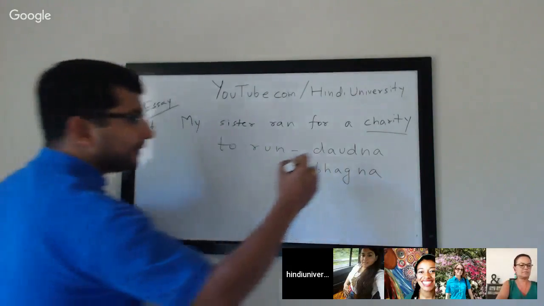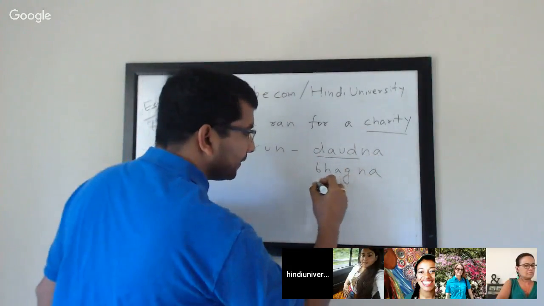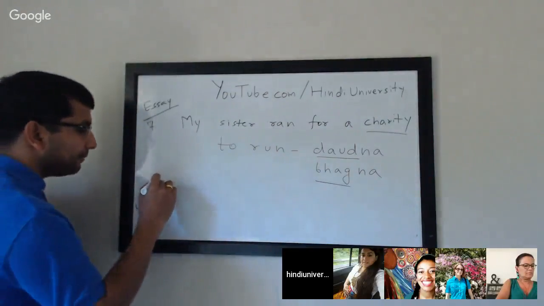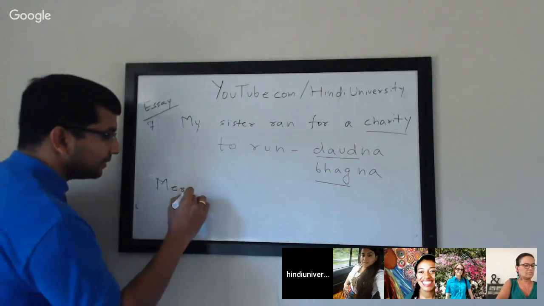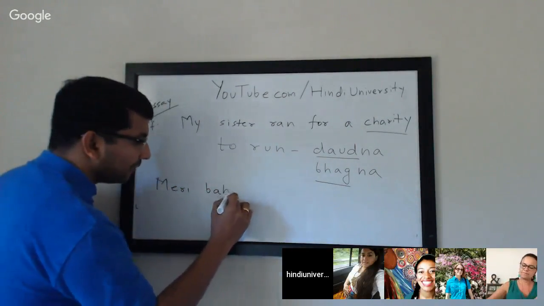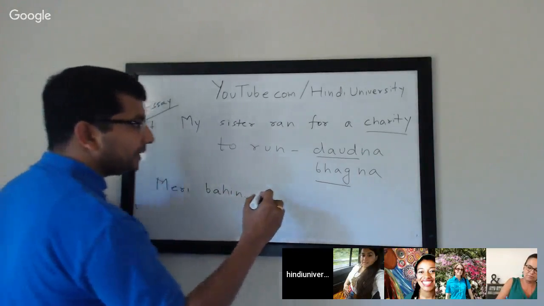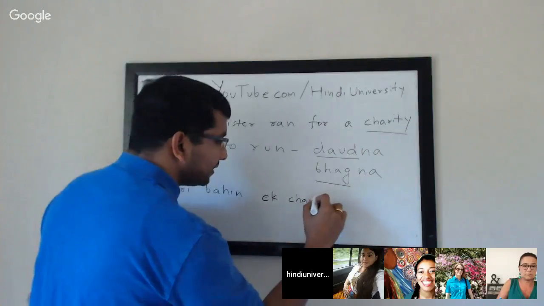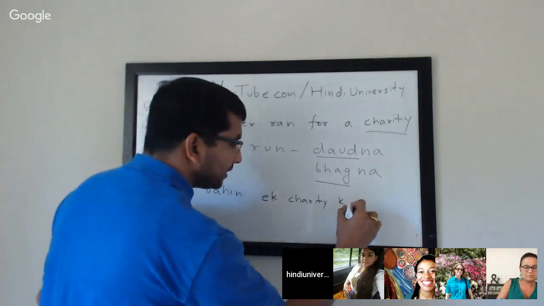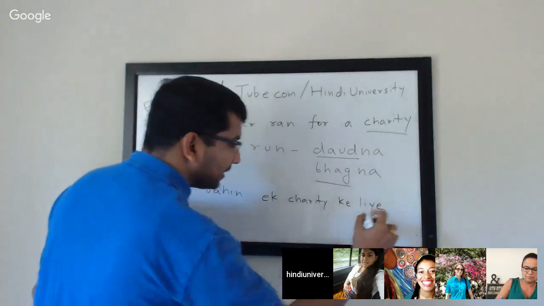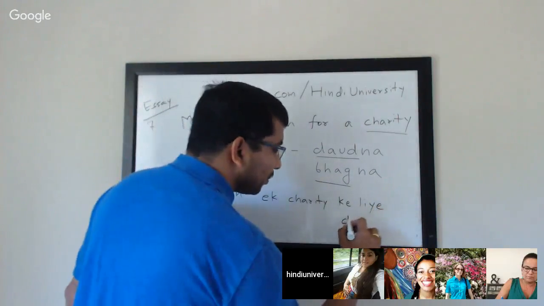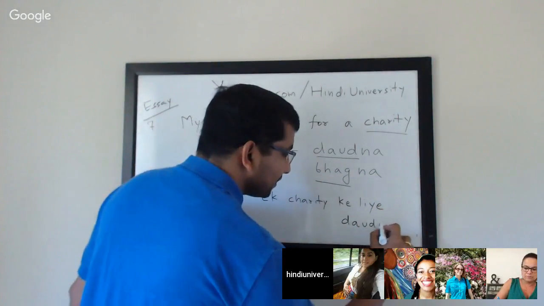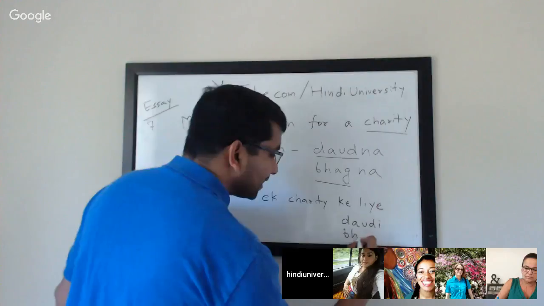So as you know, the base part here is dod and then bhag. So you'll say मेरी बहन एक चैरिटी के लिए you can say दौड़ी, or you can also say bhagi.